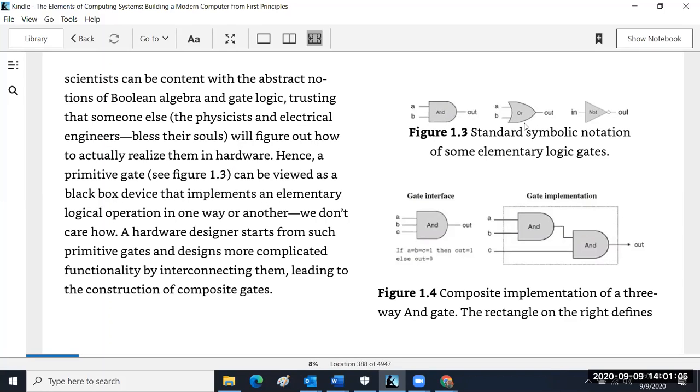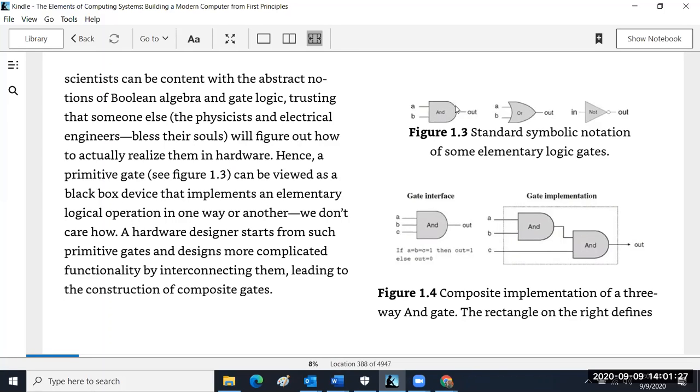This is the symbol for or, and this is the symbol for not. In this case, the and has two inputs, A and B, and it has one output. If I chain them together, I have three inputs, A, B, and C, and one output. If I chain another one in here, I can have four inputs.